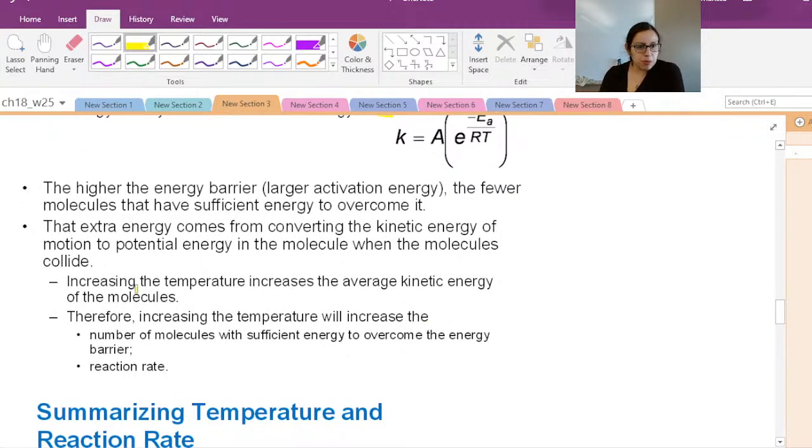And so other key points: obviously increasing the temperature increases the kinetic energy. We've talked about it in theory. Of course, increasing the temperature leads to an increase in kinetic energy, which means more productive collisions.